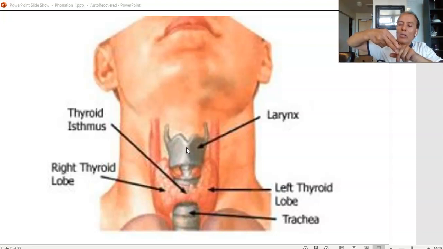And then the air is going to stream between them, and that will generate the vibration. So the respiratory system gives you the power, or the source of the energy, which is air, that is going to cause that vibration.